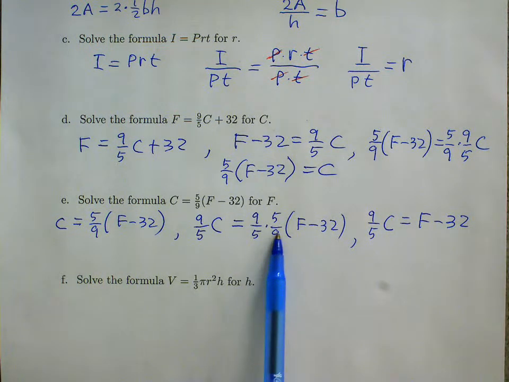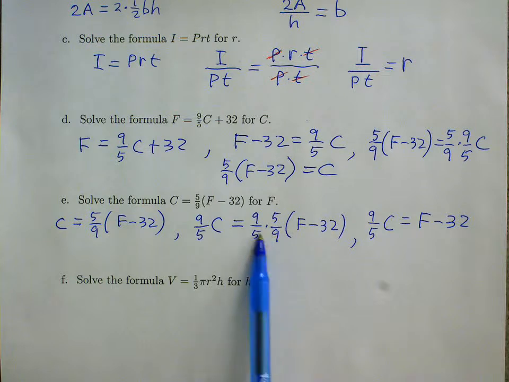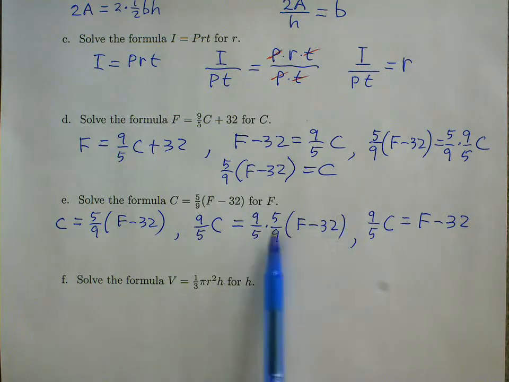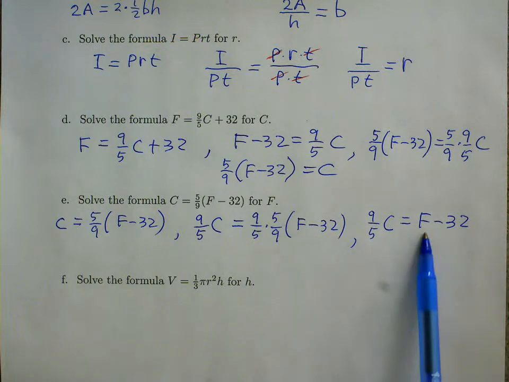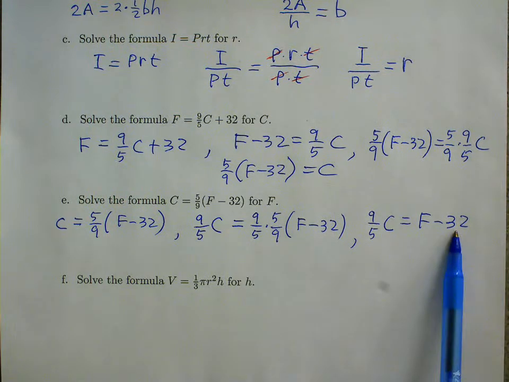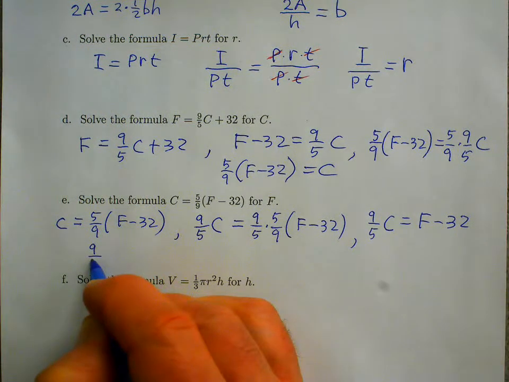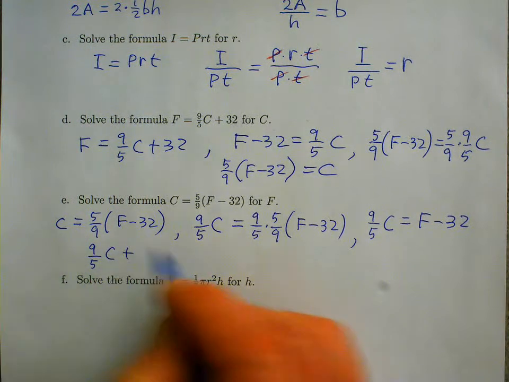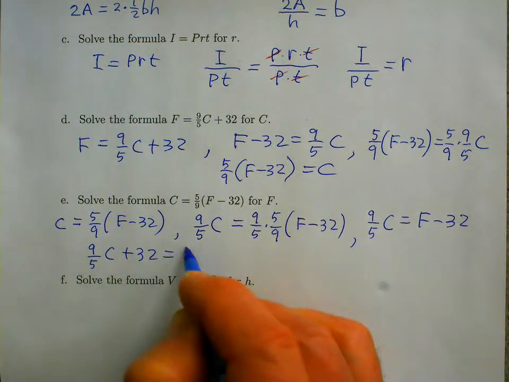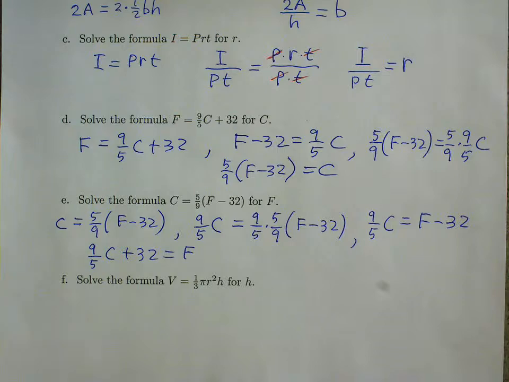Since the factor outside of the parentheses simplifies to 1, we don't need the parentheses anymore. And then the last step, add 32 to both sides. So we get 9/5 times C plus 32 equals capital F. That's the final result on that one.